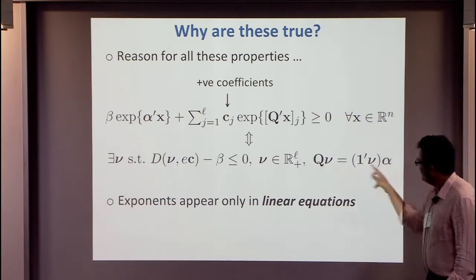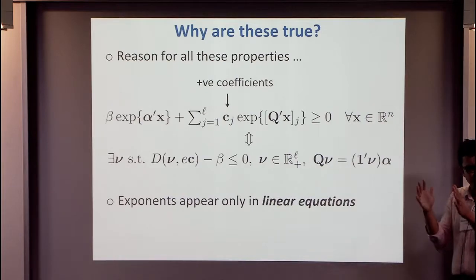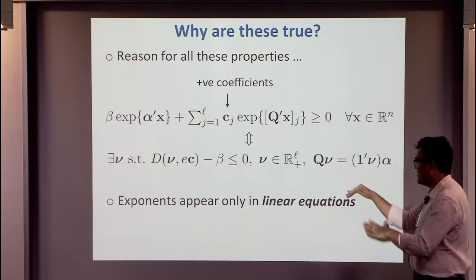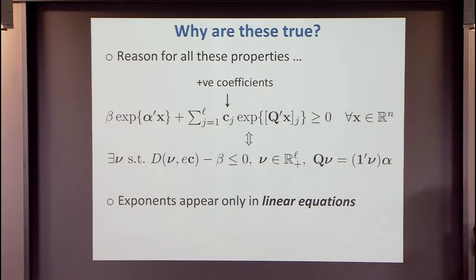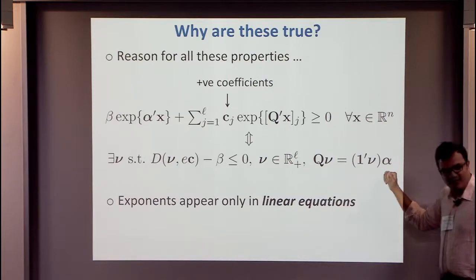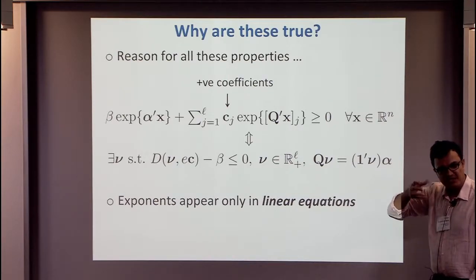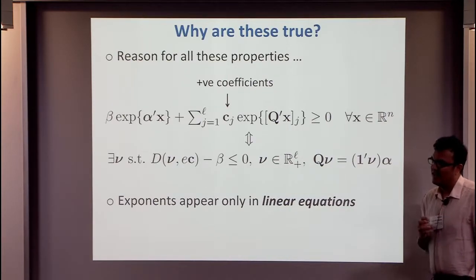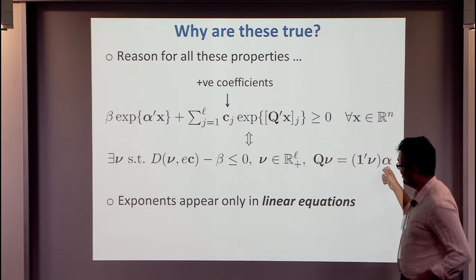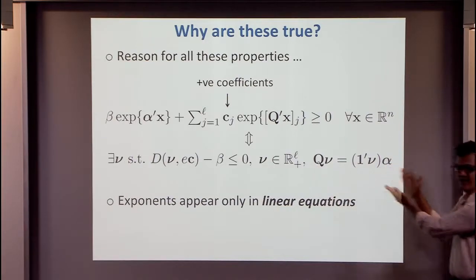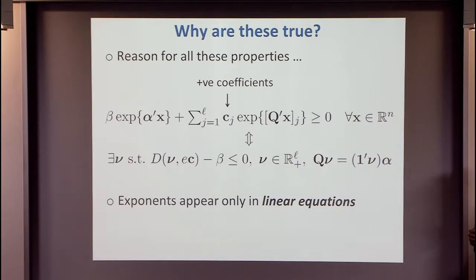And so if you perturb these, if the original linear equations were not degenerate in some sense, you will still get a nearby affine space, and so things are likely to be okay. That's really the reason why we have robustness with respect to perturbing the exponents. We have invariance with respect to a simultaneous non-singular transformation applied to both sides. It really follows from that relationship. And that's really why all these nice properties actually hold.